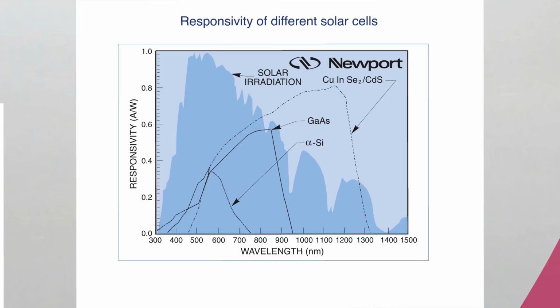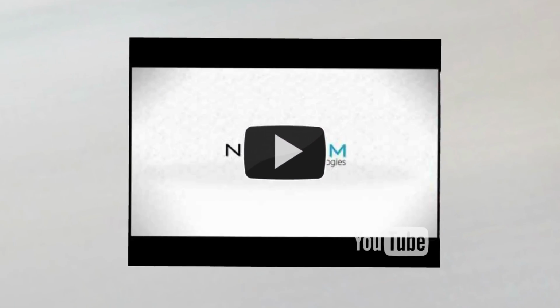You can see they are very, very different because there are different band gaps, different crystal structures, and so on and so forth. So the instrumentation that you use is usually not general purpose. General purpose means it's not good. Usually you have to select it based on the cell that you're interested in measuring. Something to be aware of.